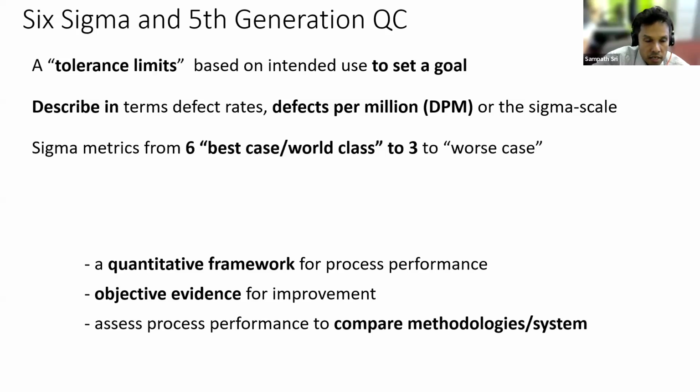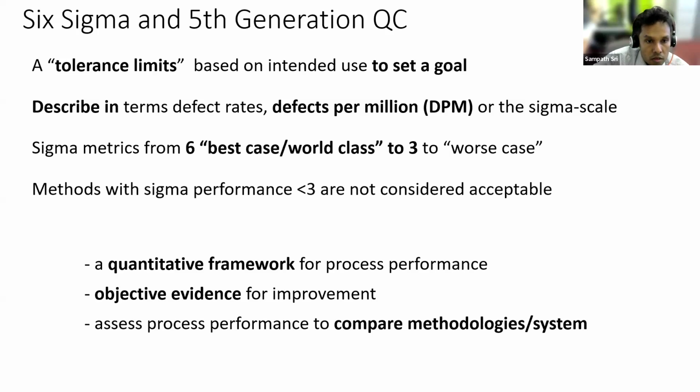There's a sigma scale which spreads from 6 to 1. 6 is considered the best case, while 3 or lower is considered the worst case. If we have a sigma less than 3, it is not acceptable.